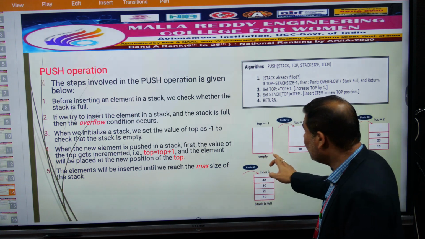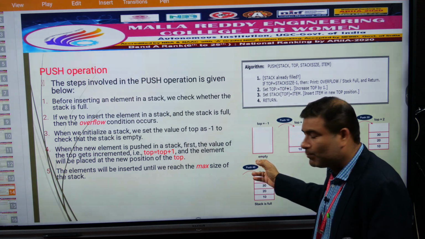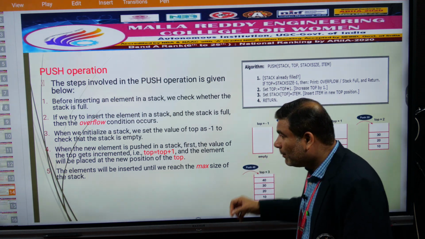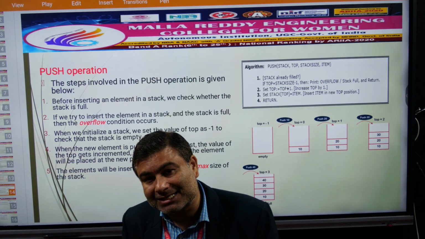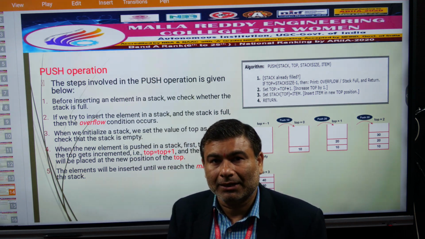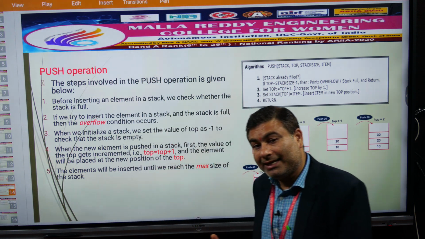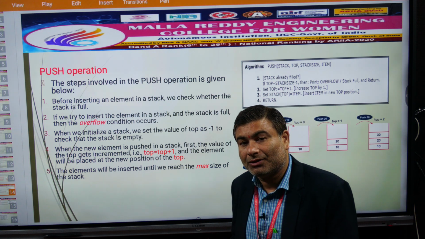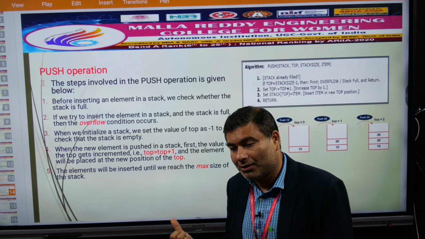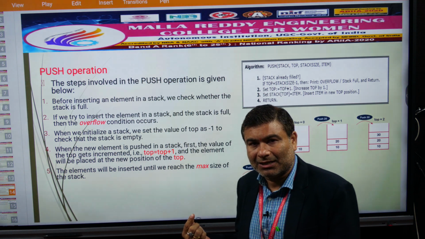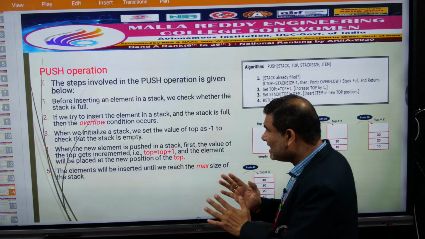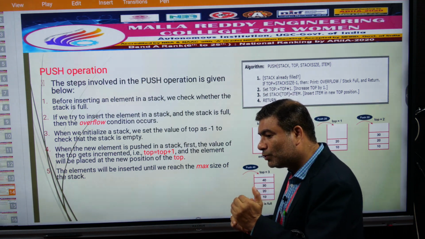So if this is empty, what is the memory location of this particular point? When we are talking about an array, indexing starts with 0. But when we are talking about the stack, indexing does not start with 0. It starts with either 1 or like that. So we need to set it in such a way that it always goes by increment.